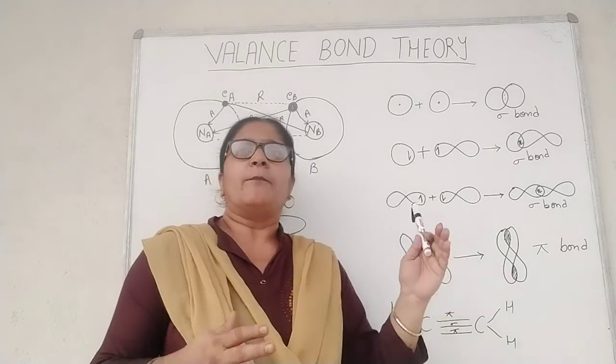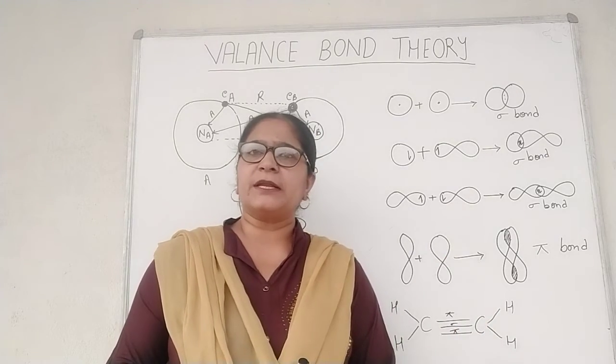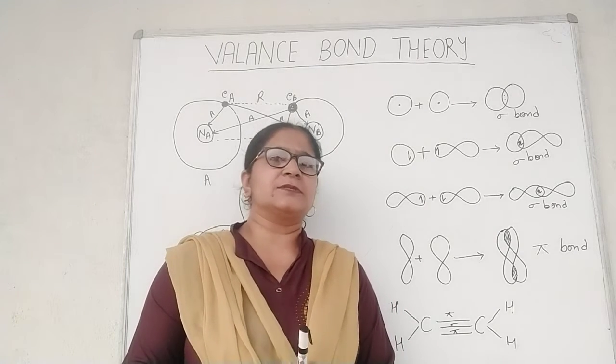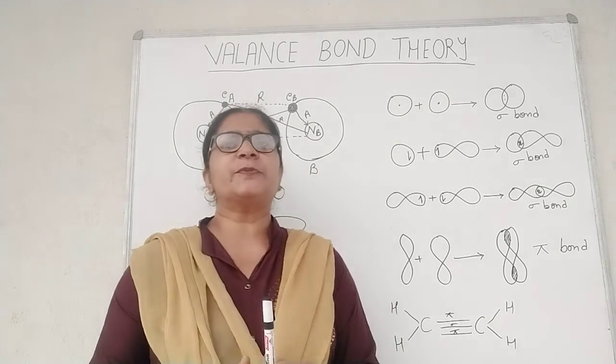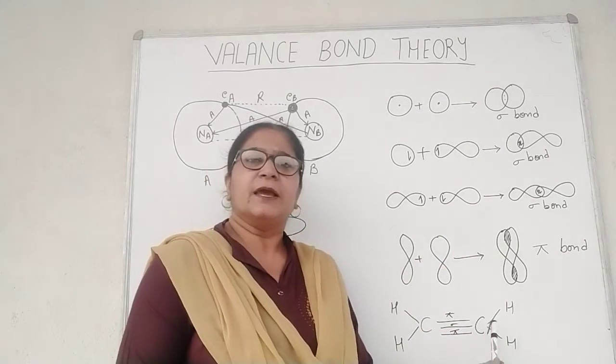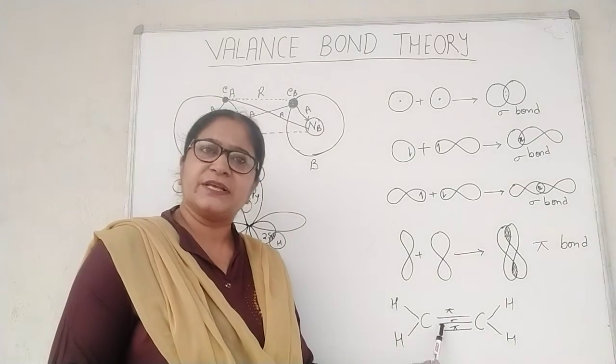Pi bonds can be formed in addition to a sigma bond between two atoms and are always present in molecules with multiple bonds. Here, a sigma bond and two pi bonds are present.